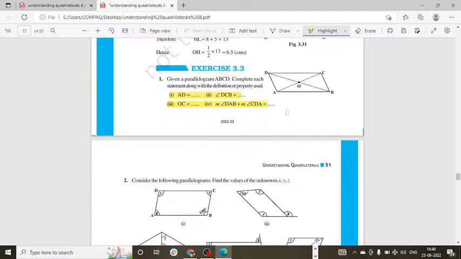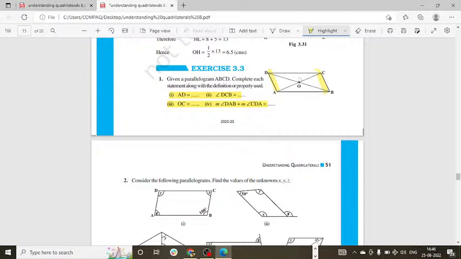For the first one, we know AD is equal to BC because opposite sides of a parallelogram are equal. Now let's move on to angle DCB.